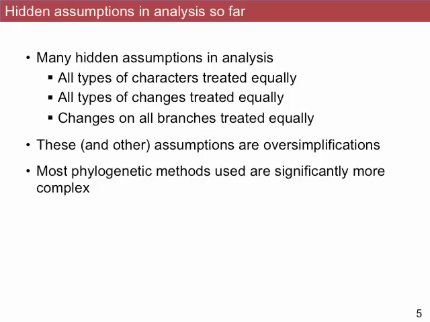Then we're going to talk about how you might deal with the fact that evolution is not incredibly simplistic, and we might want to count different types of changes differently, and that's to talk about likelihood methods, which is another class of phylogenetic reconstruction method. And then we'll switch over into talking about the tree of life.